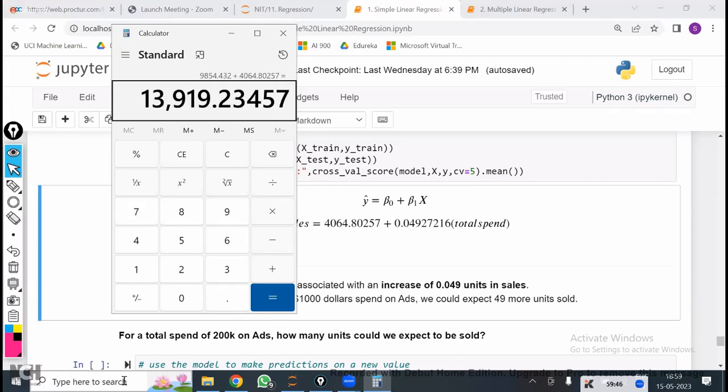And what is the expected value? 13,919.23.